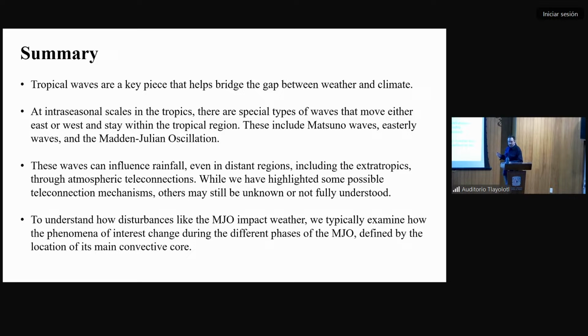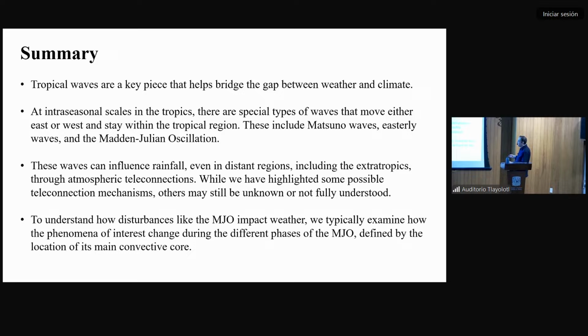The waves can create just favorable conditions for these phenomena to develop. If you have the favorable conditions, you may or may not have the phenomenon happening, but you have something that may help when the waves are present.